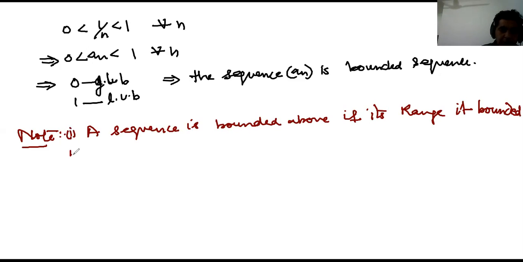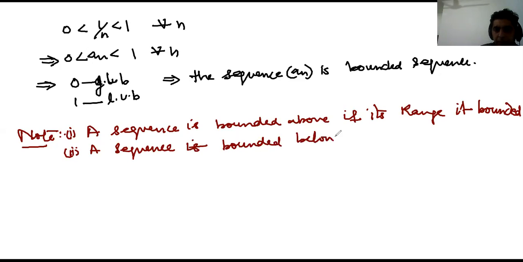Second, a sequence is bounded below if its range is bounded below. Range is a set, na? Range is bounded.